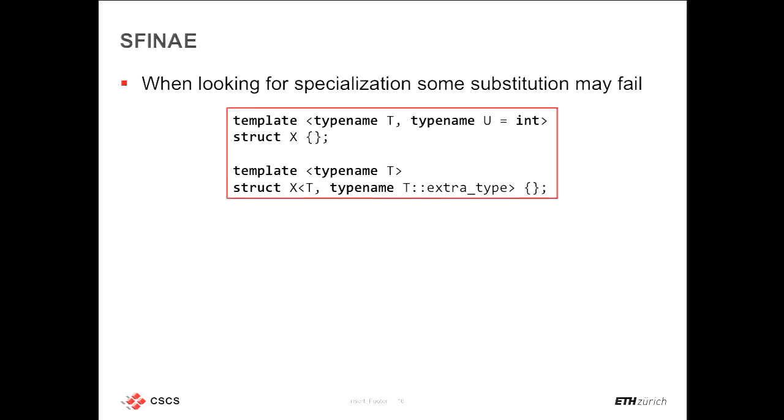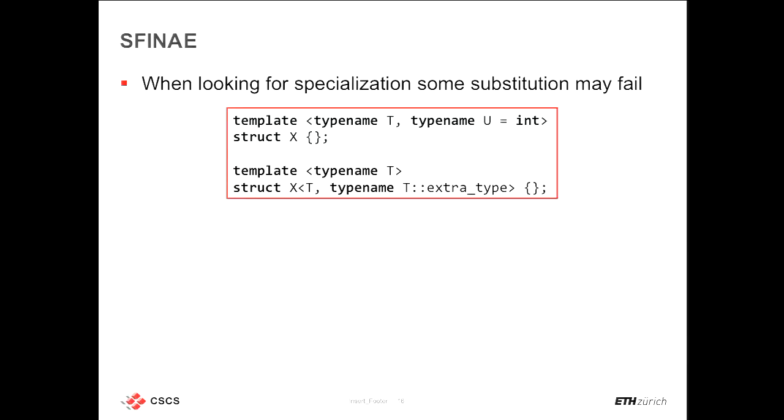This guy, in case T is integer, will simply be replaced, put aside and silently ignored. And why? Because it's a good idea. Because I want to instantiate x with T as integer. And if I need this extra thing, I don't see why I should complicate my life somewhere else.